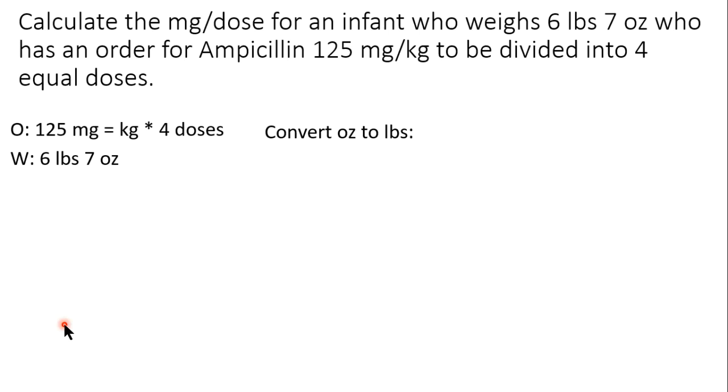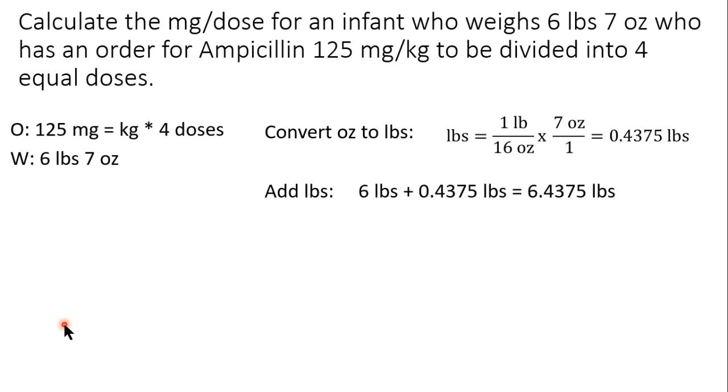We write pounds equals the conversion ratio, which is 1 pound over 16 ounces, times the 7 ounces over 1 as a placeholder. The ounces cancel out, and we are left with 0.4375 pounds. To this, we then add the 6 pounds. So in total, the weight of the infant is going to be 6.4375 pounds.